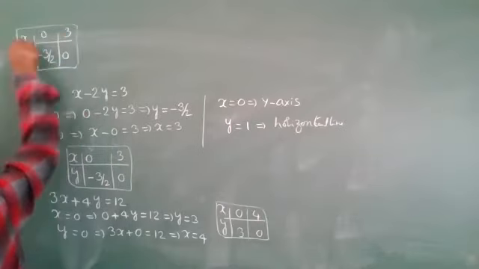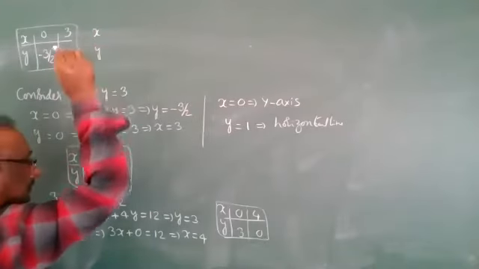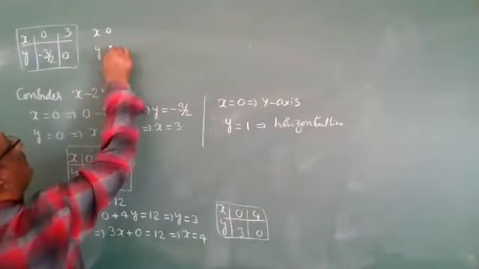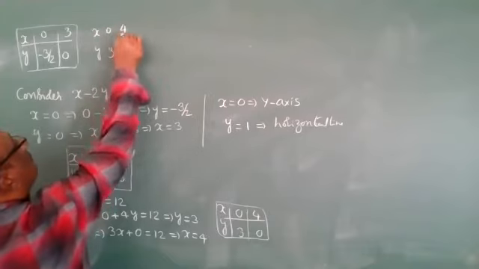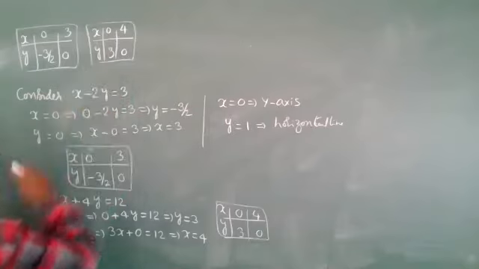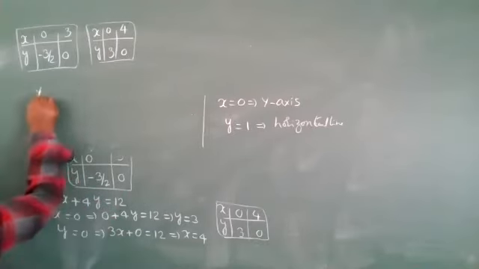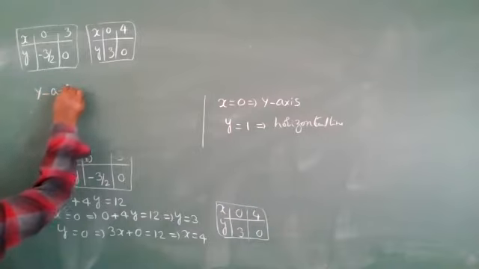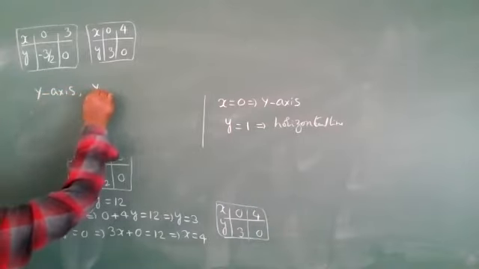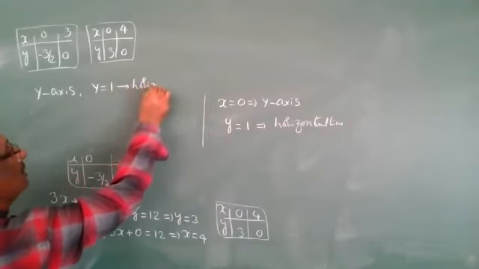Second table you should note down. The second table is x, y: 0, 3, 0, 4. Next, one more: what is the y-axis? y is equal to 1 is a horizontal line.